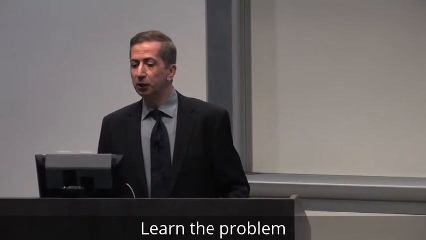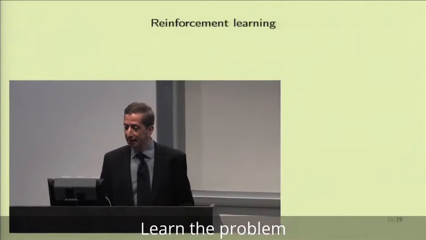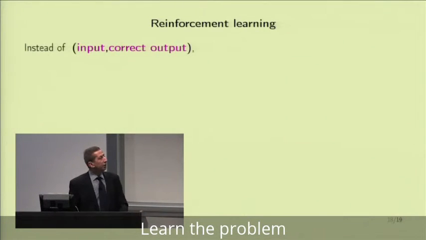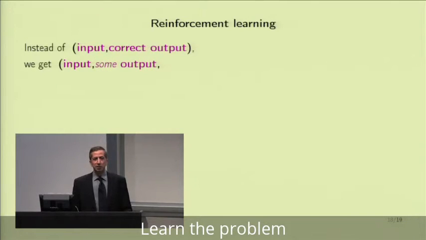Okay, now let's talk about reinforcement learning. In this case, it's not as bad as unsupervised learning. So again, as in supervised learning, you don't get the correct output. What you do is, I will give you the input. Okay, thank you very much, that's very kind. What else? I'm going to give you some output.